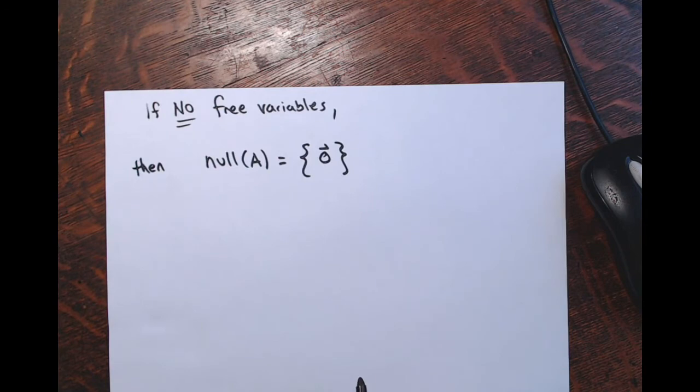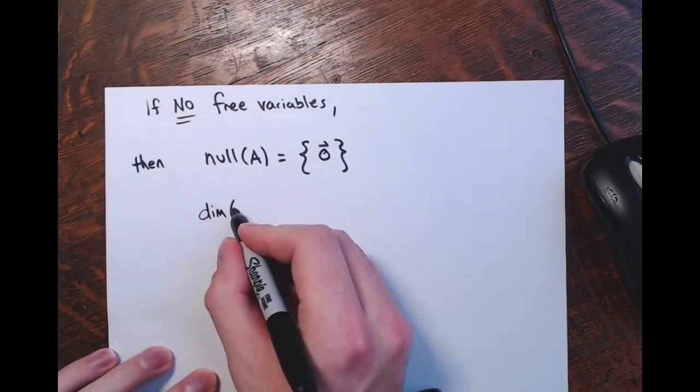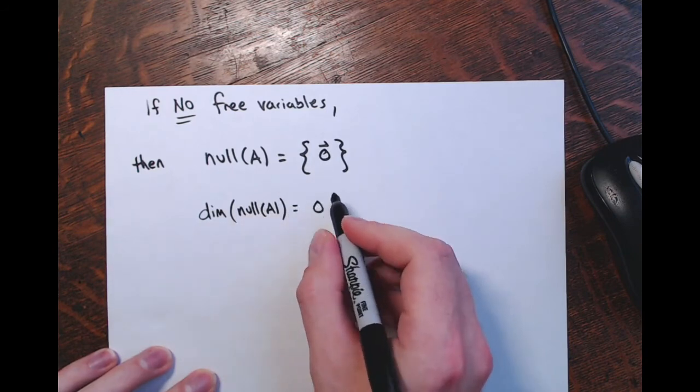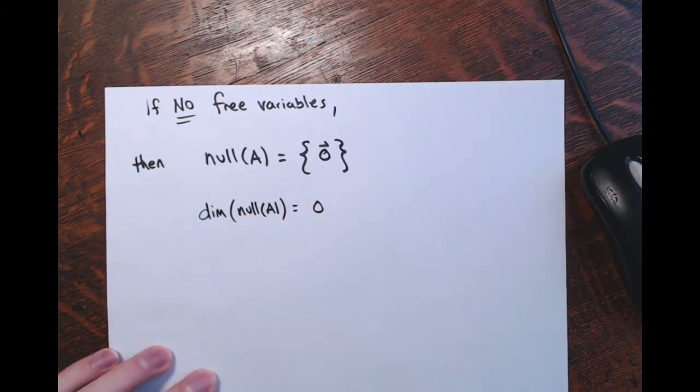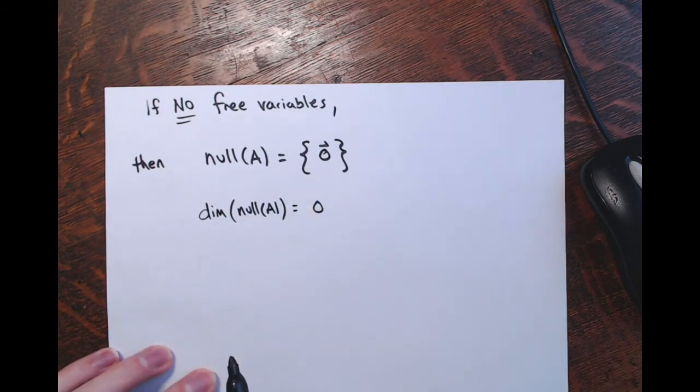And then the dimension of the null space will be 0. Remember, the vector space with only the 0 vector in it is a 0-dimensional vector space.